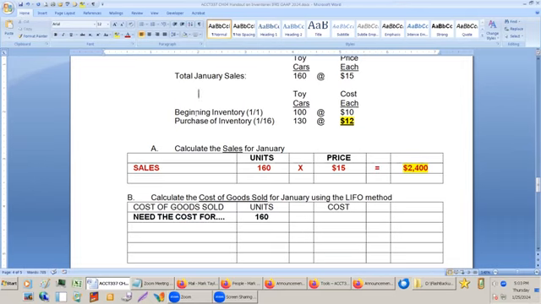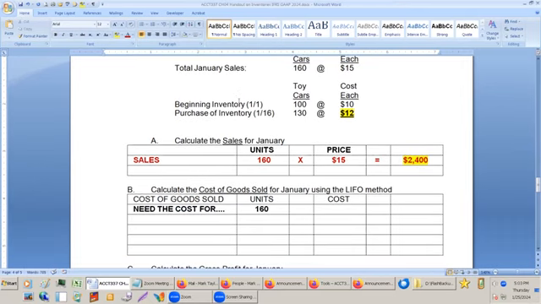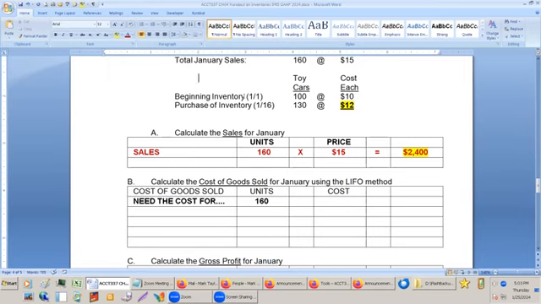Now we're going to use the last ones in, which are which ones? $130. Yep. So we're going to take the last ones in. These are the last ones in.